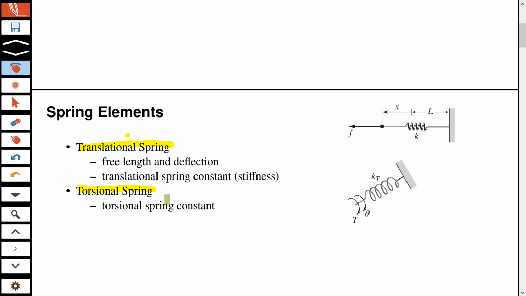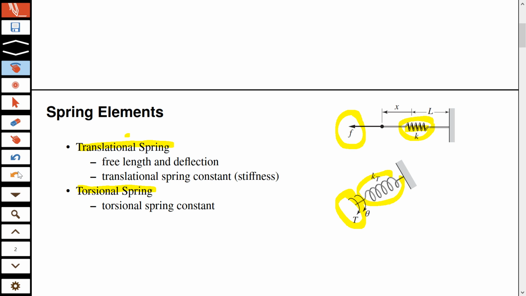Torsional spring means that you have a twisting load basically, and translational spring means that you have a translational load. Now, to distinguish between the two symbols, this looks more like a resistor, and this looks more like an inductor. Although actually springs will look very much the same.